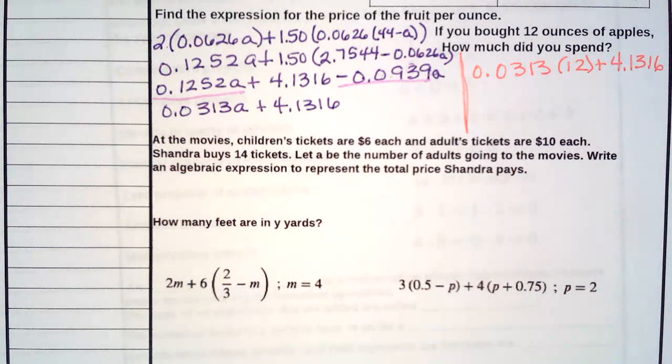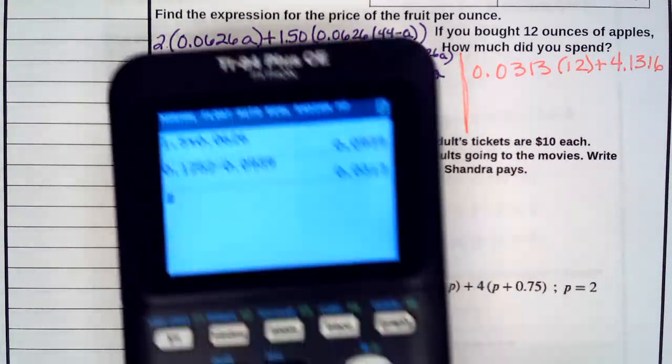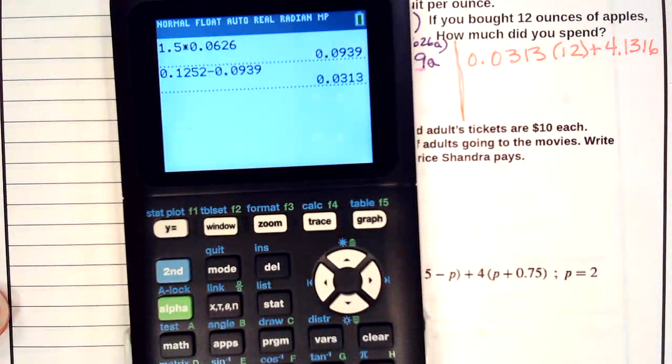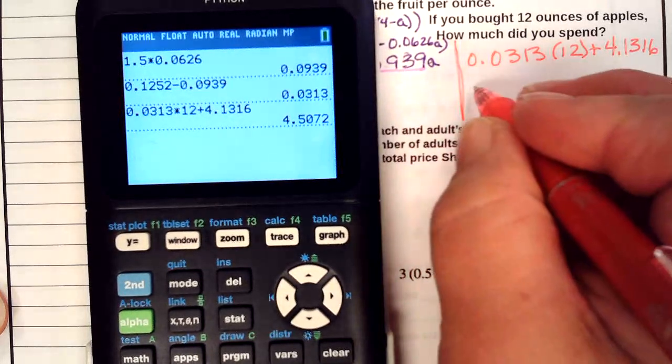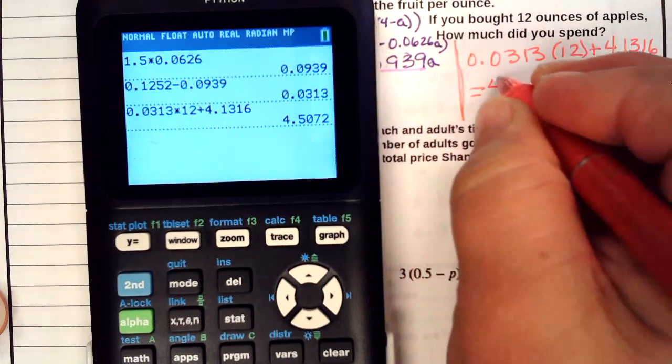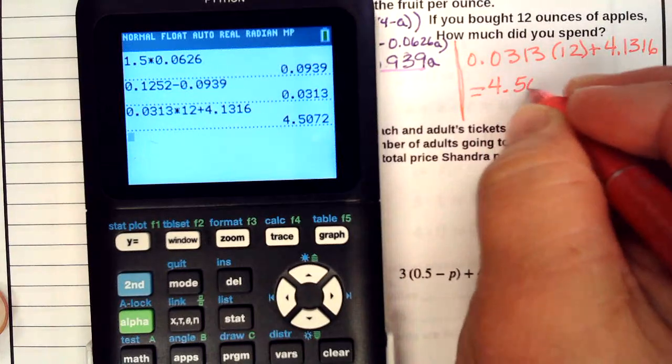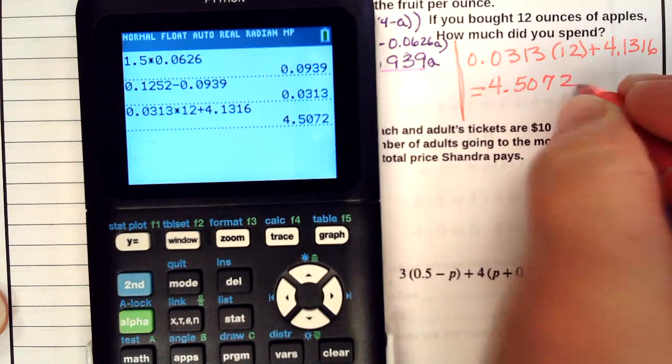So when I get ready to round, how far out will I round? 0.0313 times 12 plus 4.1316 is 4.5072.